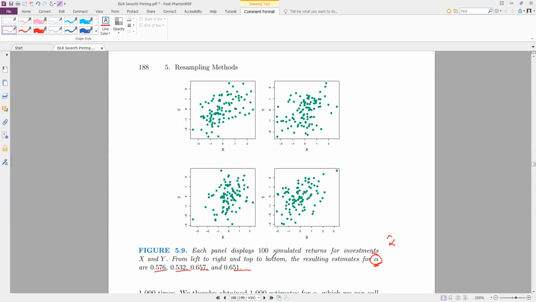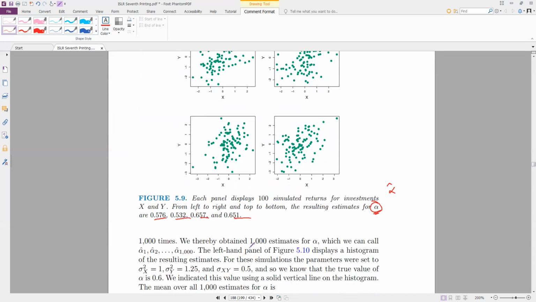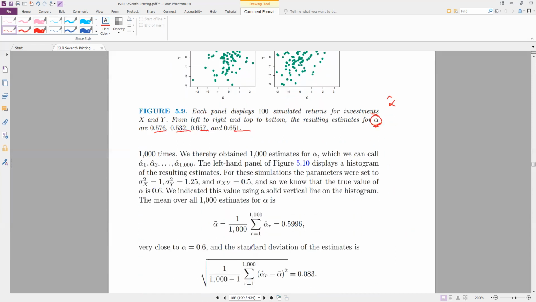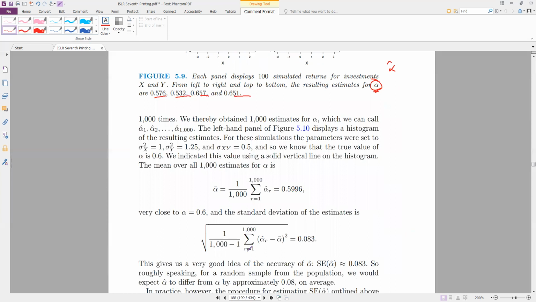Okay, so let's look now. They obtained 1,000 estimates for the parameter, which they're calling alpha, but with the hats on it, right?